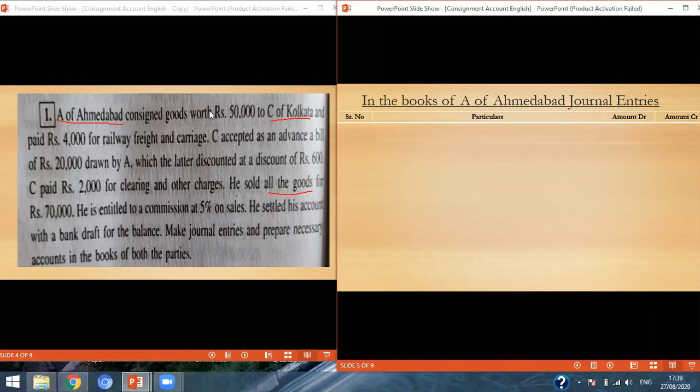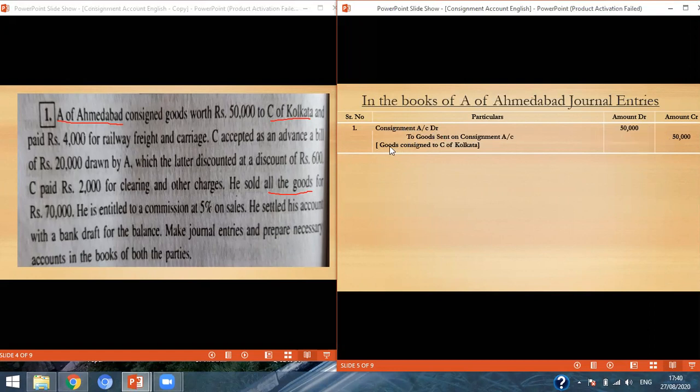We will see that A of Ahmedabad consigned goods worth rupees 50,000. Means he has sent the goods on consignment. So we'll do the first entry and that will be consignment account debit to goods sent on consignment account. Amount will be 50,000.